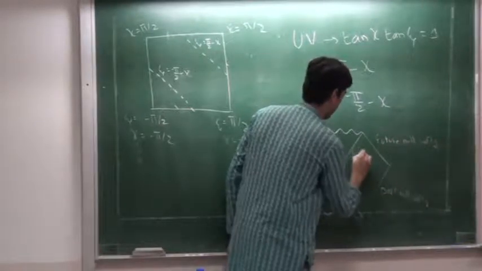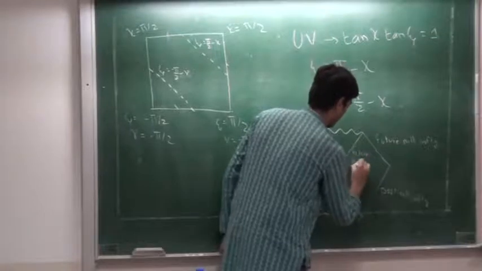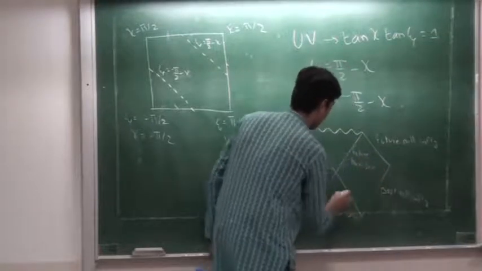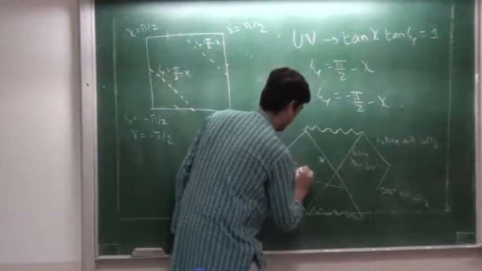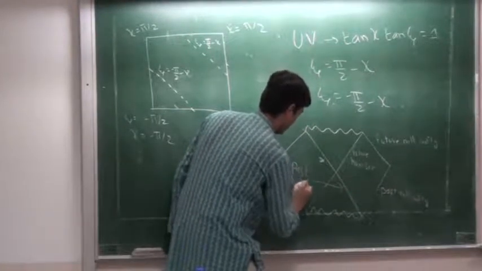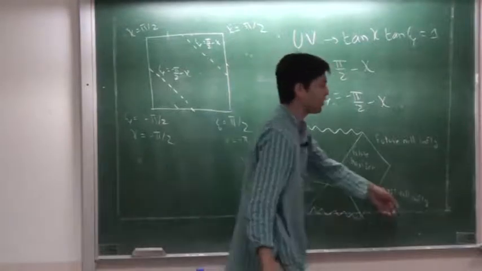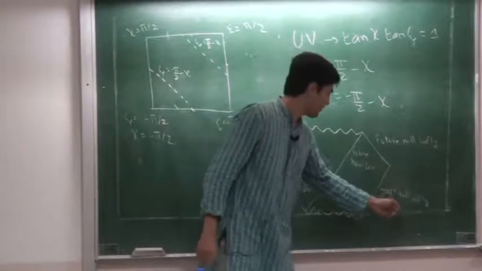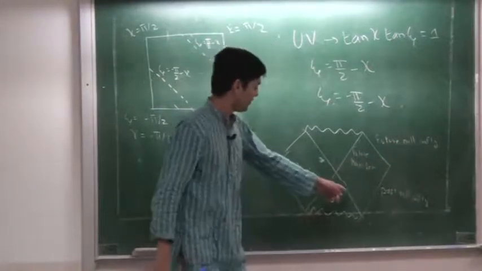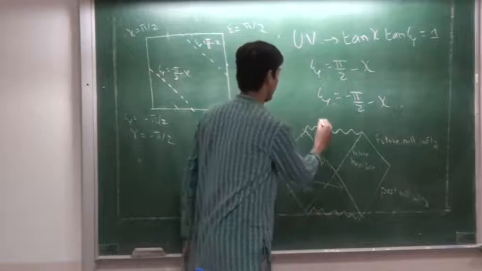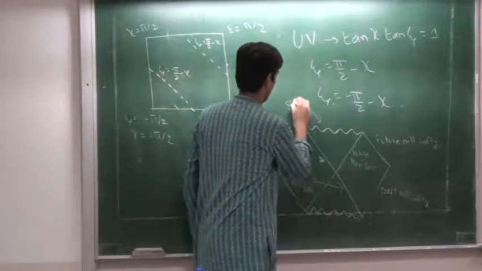This is the future horizon, and this is the past horizon. Can you read it all? I've written here: past null infinity, future null infinity, future horizon, past horizon, and this is the singularity.